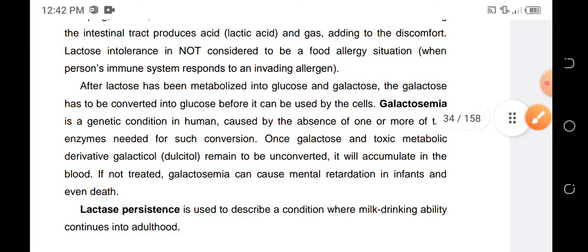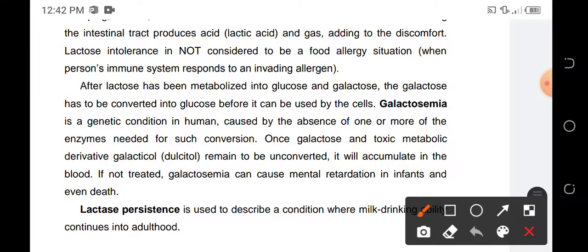Another condition is galactosemia. This is a genetic condition in humans caused by the absence of the enzyme that will convert the galactose into glucose. Kasi glucose usually ang ginagamit ng human body.